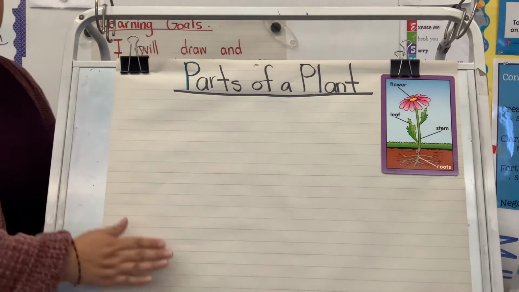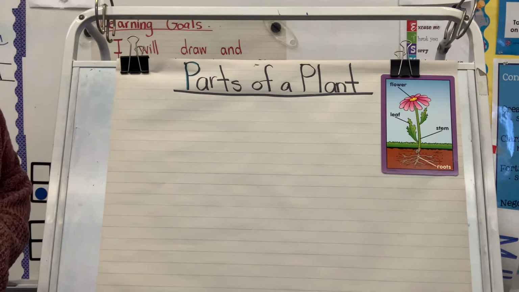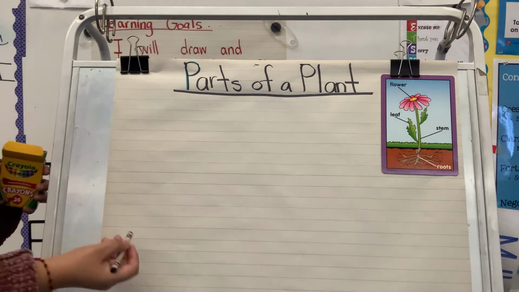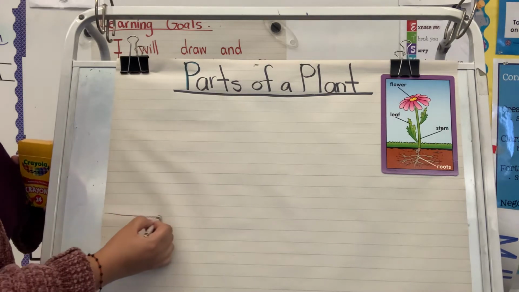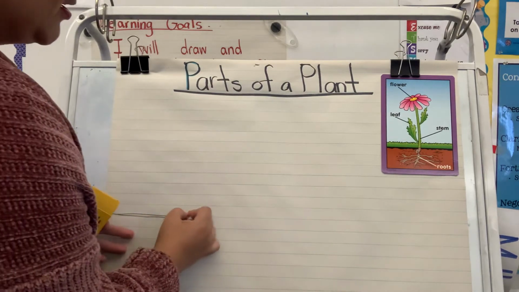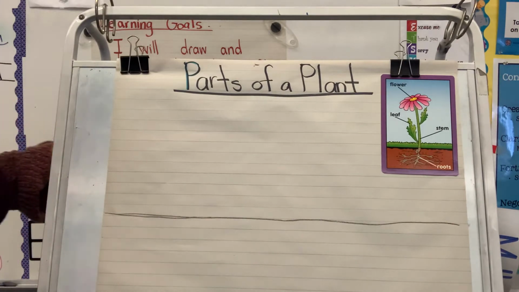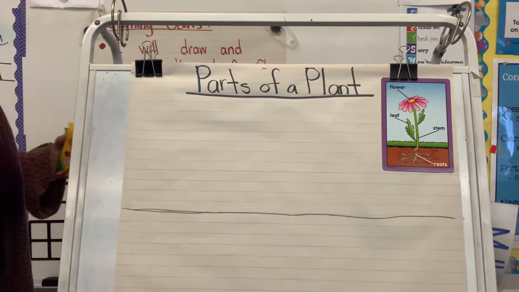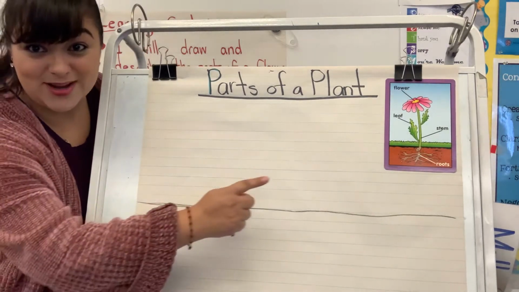First, we're going to draw the soil. So you can get a brown or a black crayon to draw the soil. So we're going to do a straight line across. Great. Now I know my paper is giant, but your paper can be smaller than mine, okay? Okay, so draw the soil.